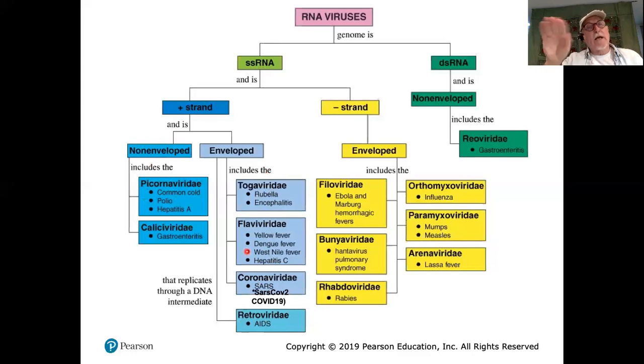They reproduce that RNA for the new genomes. They have one or other strategy for reproducing them. They just produce RNA from the RNA, in other words. But this group here, called the retroviridae, the backwards viruses, in other words.